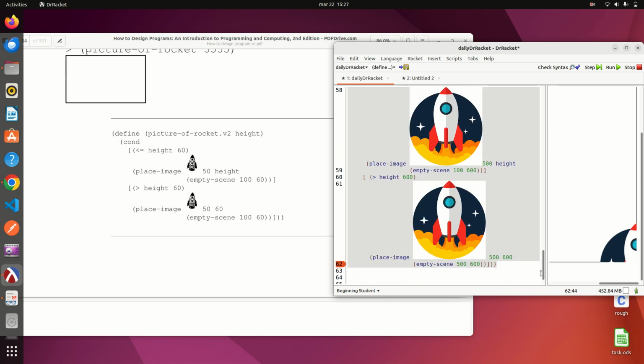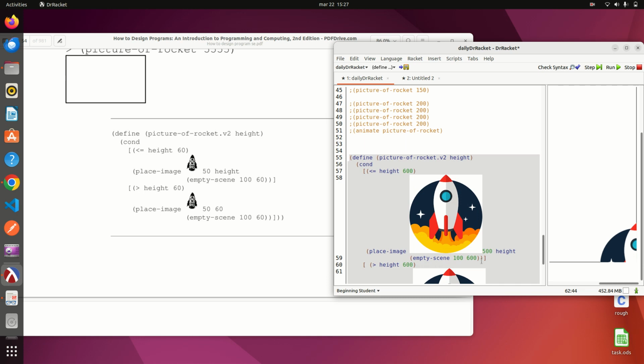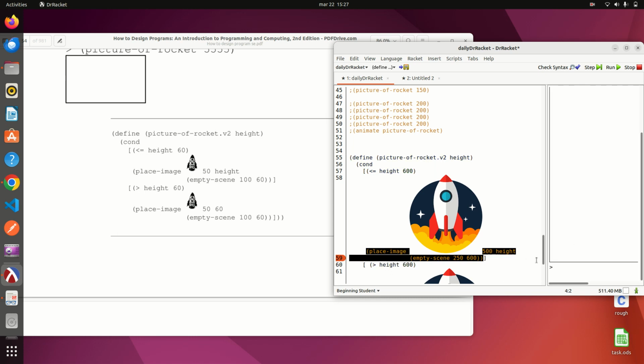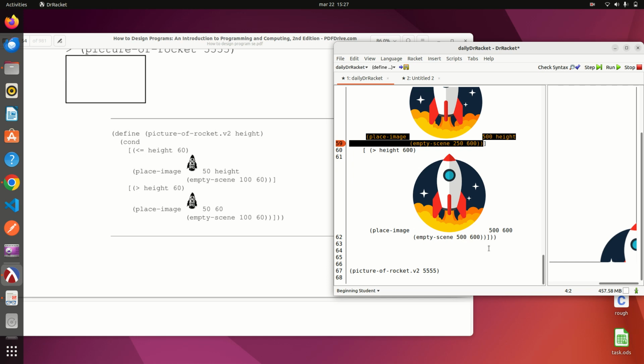So it's half of that, so let's try it at 250. 250, if it's 50, 60 indeed. Yeah, it's still pretty squashed. Yeah, let's try 250s.